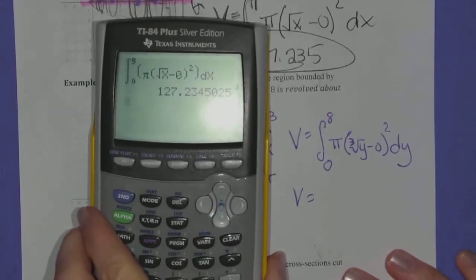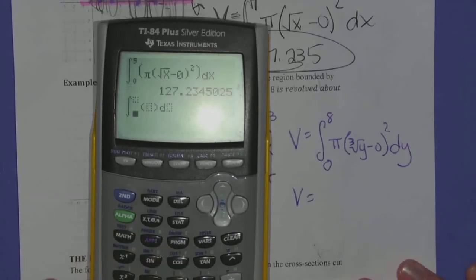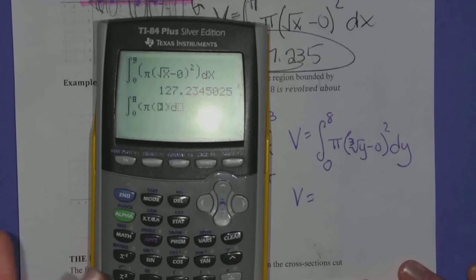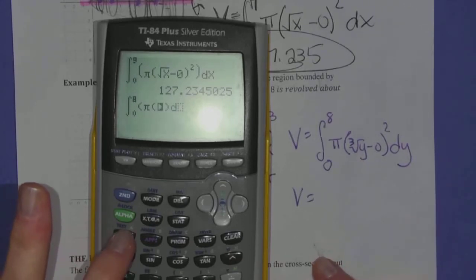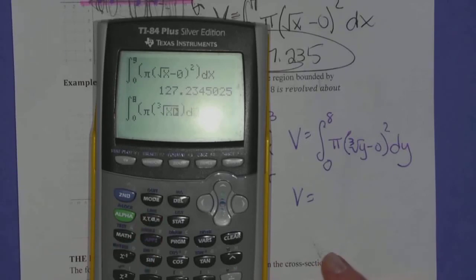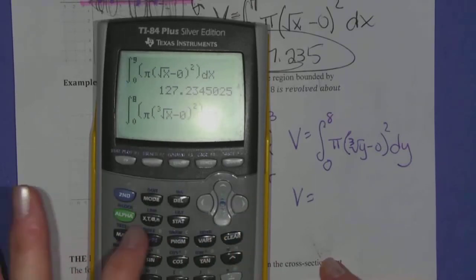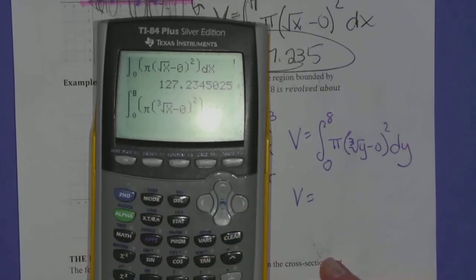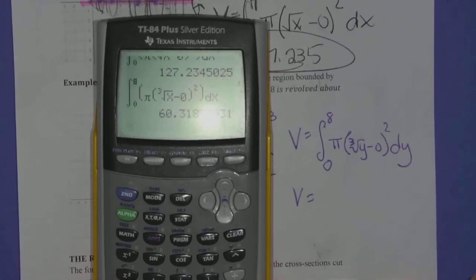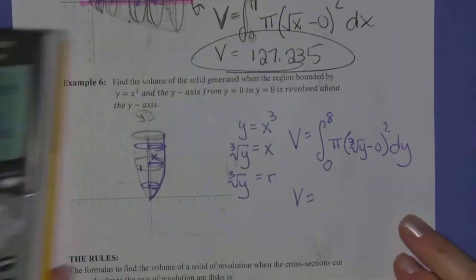We've got math 9, 0 to 8, pi times. To find cubed root, you just press math 4. Again, I'm just going to type in x minus 0 squared dx. And I am getting 60.319.